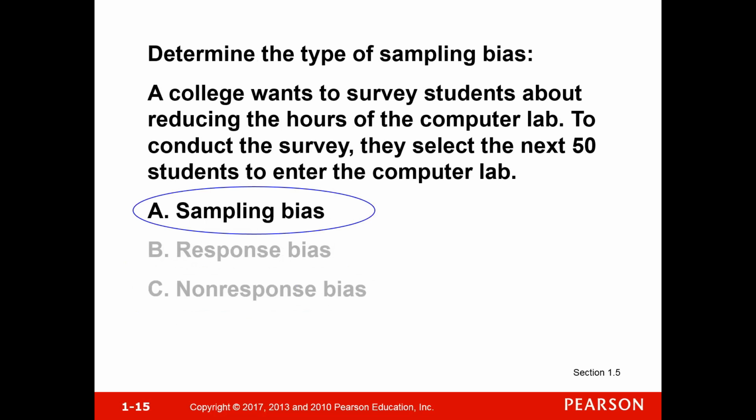We just are taking conveniently the next 50 students to come into the computer lab. This could really skew our data because those 50 students could all be in the same class and have a time crunch on getting a paper done. So that could skew our data and cause bias.